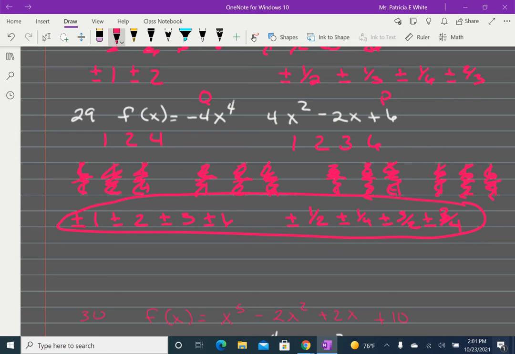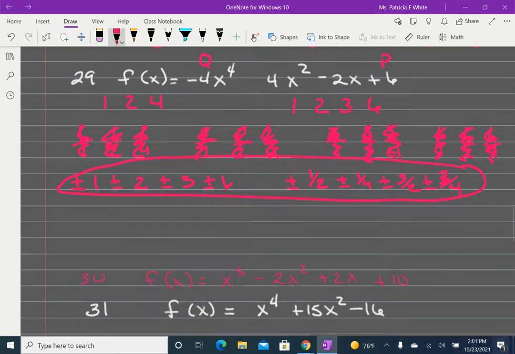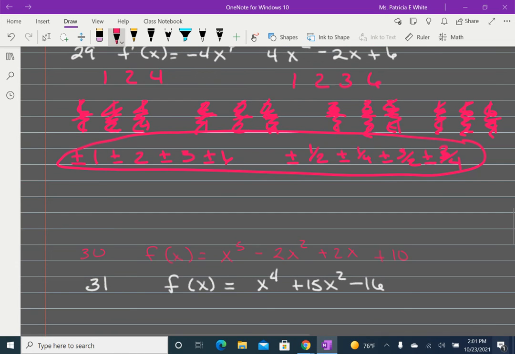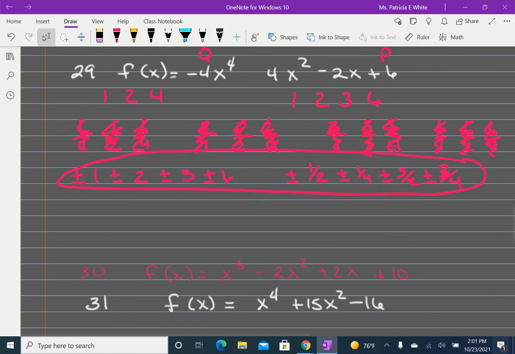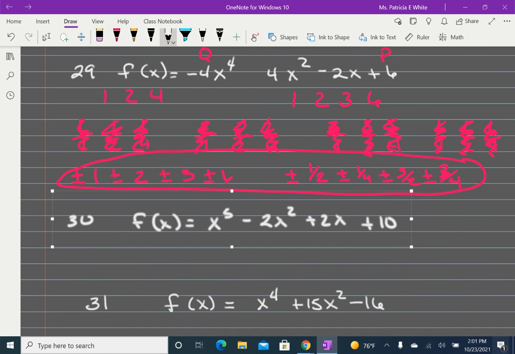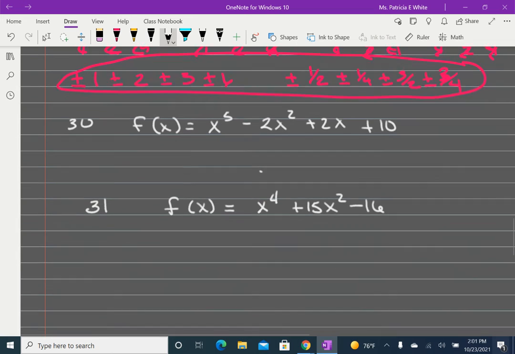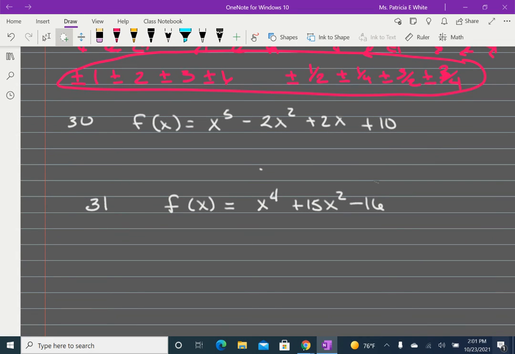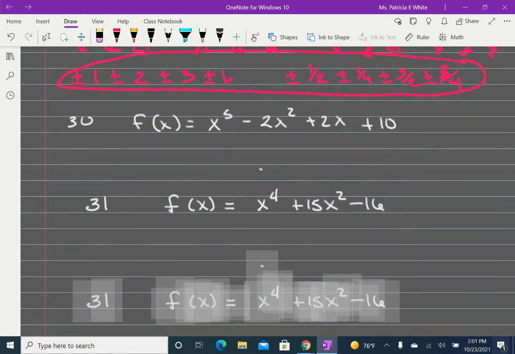That's a lot, but at least you have some, so you're not just pulling a number out of thin air, right? All right, the other one I wanted to look at with 30 is the nice situation when A is 1.